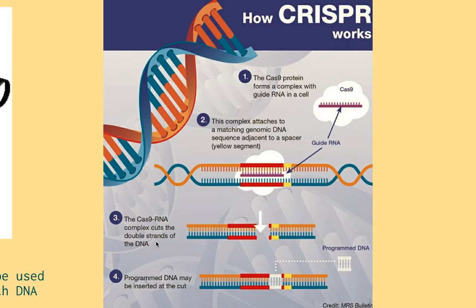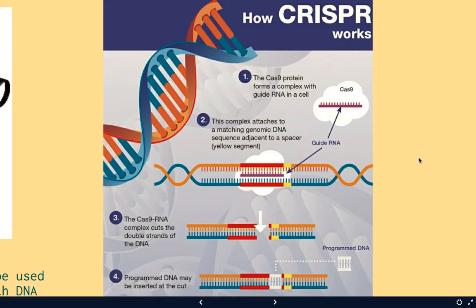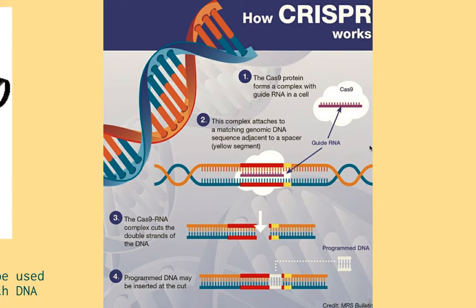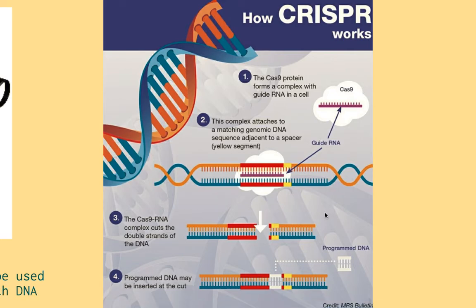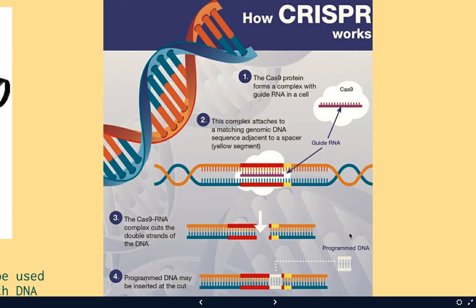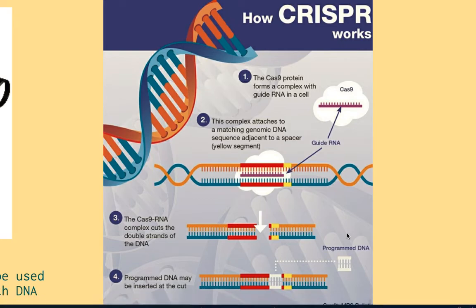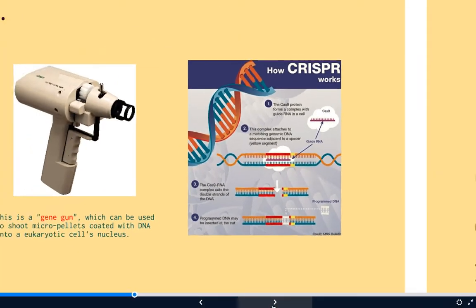So the idea is that, let's say somebody has a faulty gene early in development, then you would be able to excise that gene out and, using this enzyme, guide the appropriate DNA in to correct the genetic disease, whatever that may be, something like sickle cell. This doesn't exist for humans yet. It's very complex, but it's a good start and something new in biotech that's happening right now.